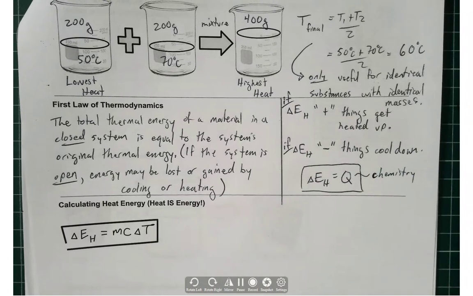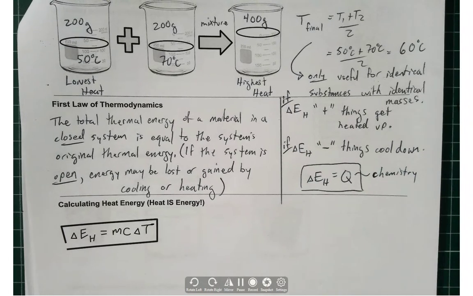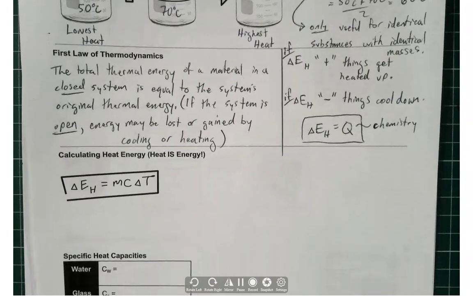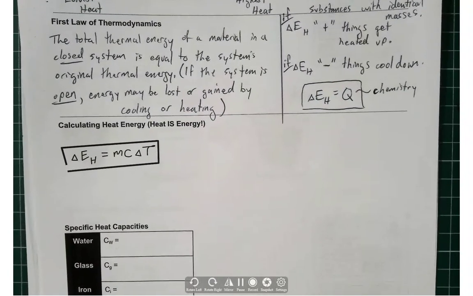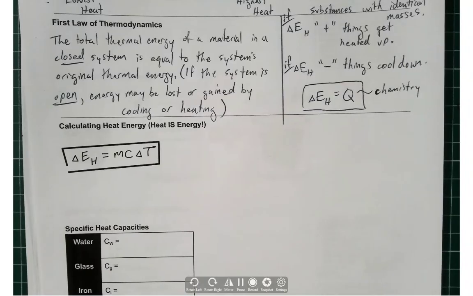Just know that means the same thing. If you have a parent or relative who's an engineer, they'll probably use capital Q too. All right, so we have delta EH equals mc delta T.